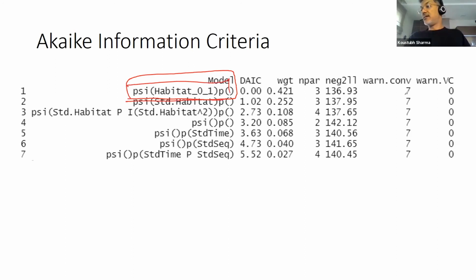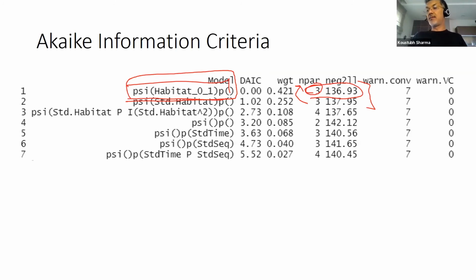And you will see that it has among the best fits, and the number of parameters is 3. So you will see between these two, the fit has gotten better with no additional parameter added. So it just said, you're actually doing better with the model which uses binary habitat.